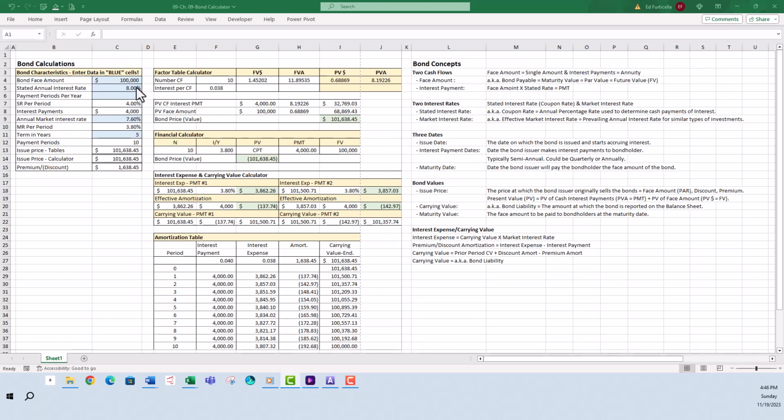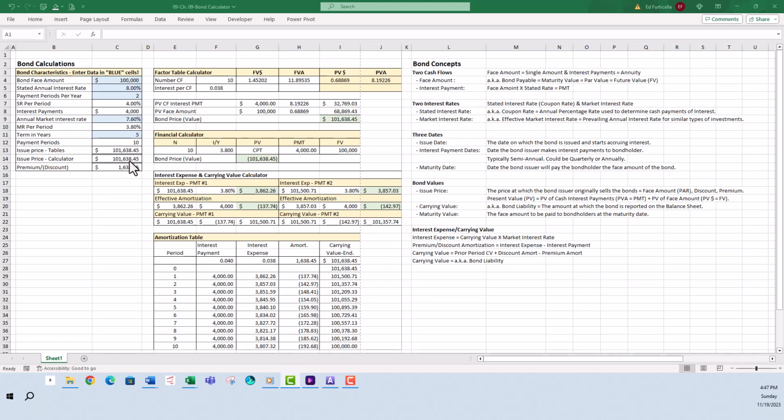If the stated rate is more than the market rate, we are going to get more for our bond. The amount of the premium in this case is $1,638.45. That's the difference between the bond price and the face amount of the bond. For our company, at the time of the issue, we are going to receive $101,638.45.